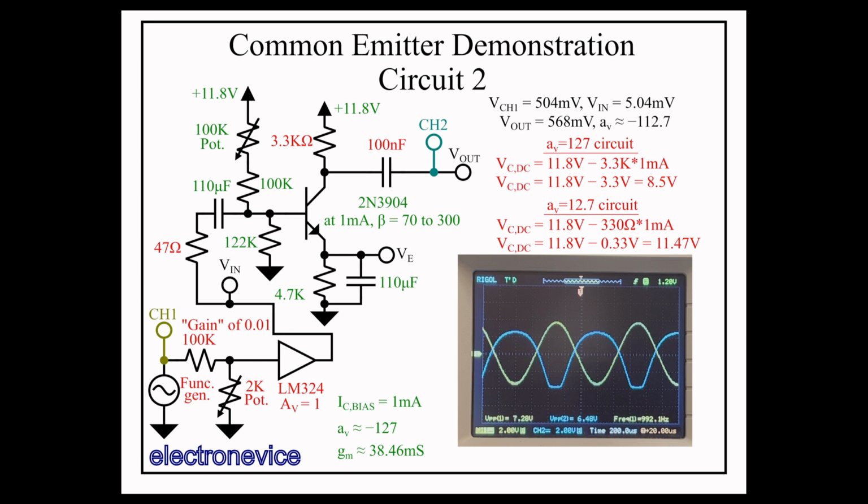So with an output peak-to-peak voltage of 6.48 volts, the transistor is drawing so much collector current at the bottom portion of the output that the output is actually getting so low that it's pushing the collector-emitter voltage close to zero, violating our requirement that the collector current be less than VCC minus 0.7 volts divided by the collector and emitter resistances in series. So the collector is unable to go any lower since the collector cannot go lower than the emitter voltage.